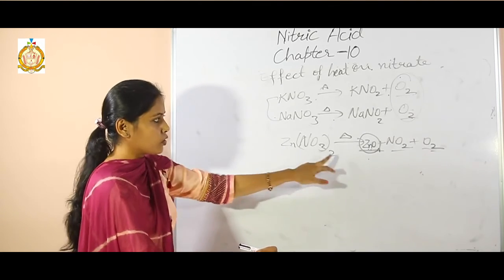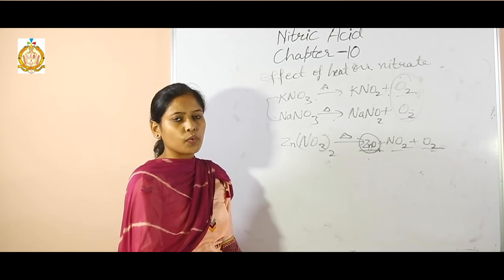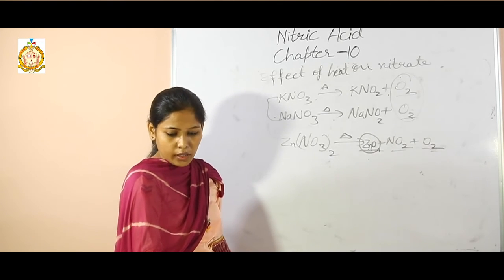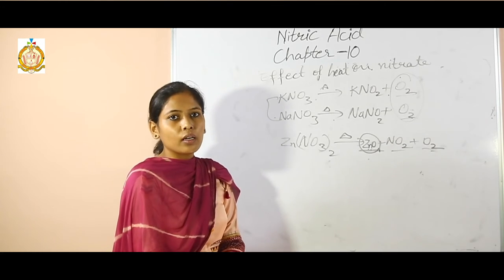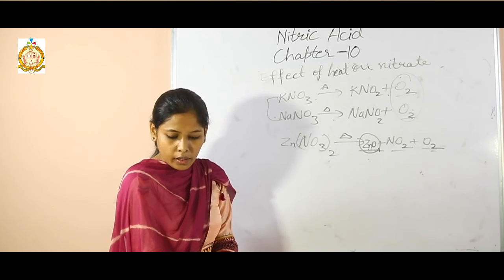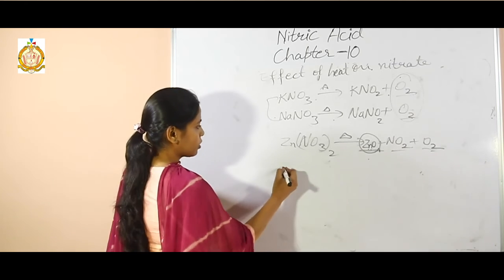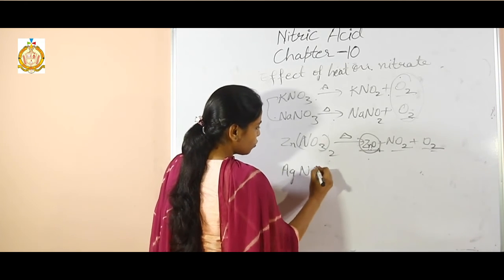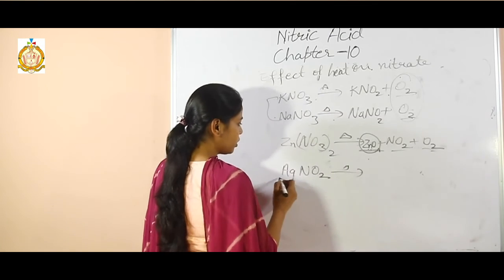Similarly, with lead nitrate, a residue is formed which is yellow in color, fuses with the glass. And next, copper nitrate, observation on heating, it gives black color residue. And next one is silver and mercury nitrate. These two are least reactive metals, the same reaction will be there.